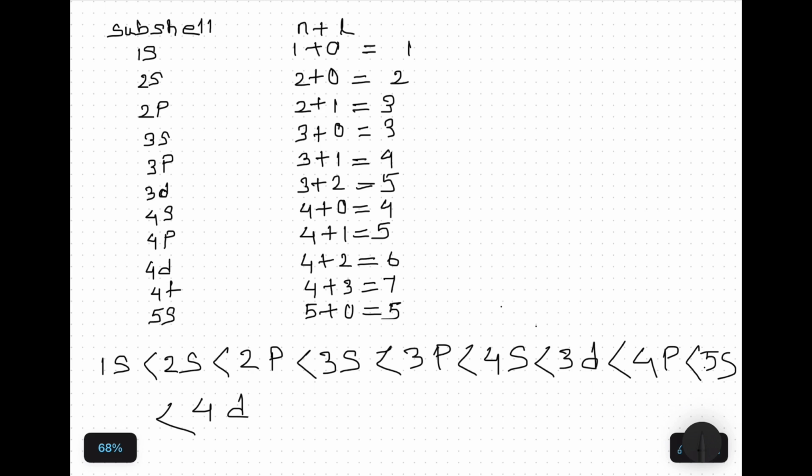Now let me show you another diagram for Aufbau principle. First write 1s. Below 1s just write 2s, here 2p. Below 2s is 3s, then 3p, then 3d.